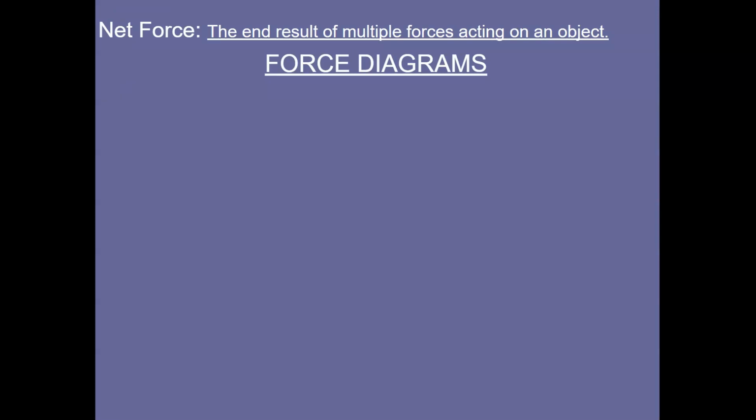So net force helps us to look at all of the forces that are acting on an object and to determine whether or not that object is going to have motion and in a particular direction. So we can use what we call force diagrams to help us figure out what is happening with an object. We're going to keep it relatively simple this year and just look at opposing forces, right? So forces and their resistant forces in opposite directions.